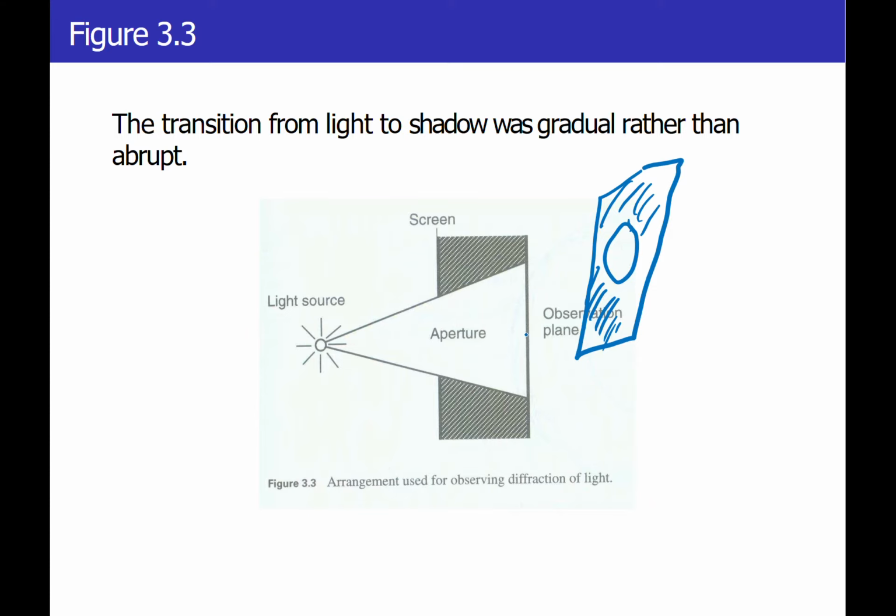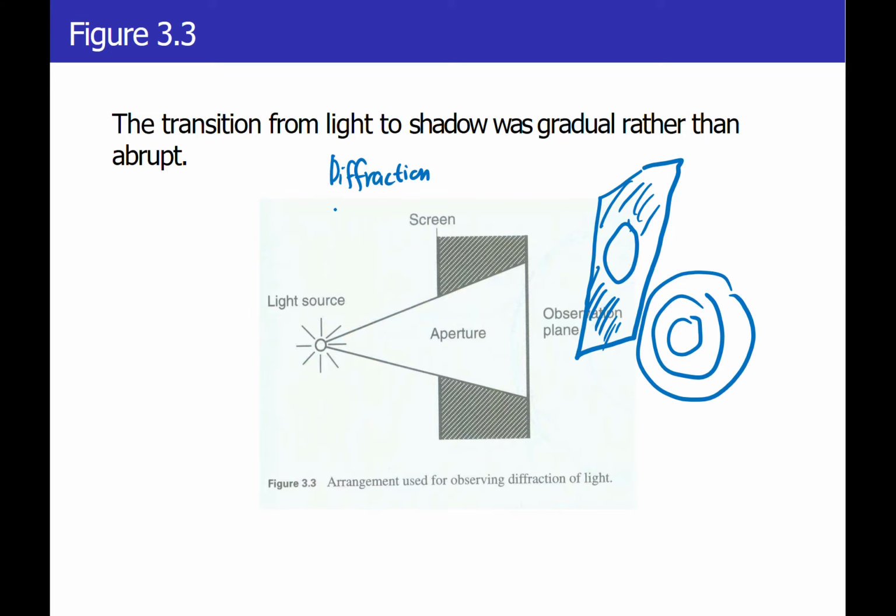But in fact, we all know that there are Airy patterns like this on the screen, and that is due to the diffraction. This is a very good example of diffraction, and this is the very proof of the wave nature of light.